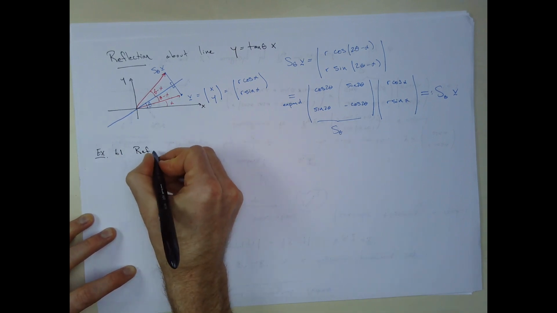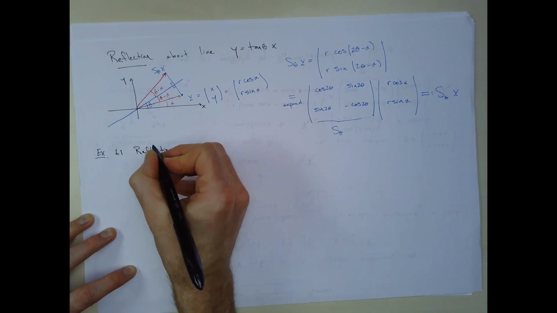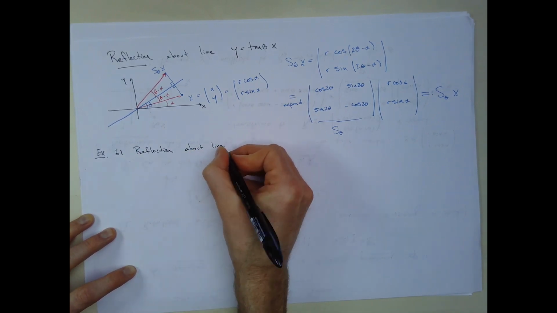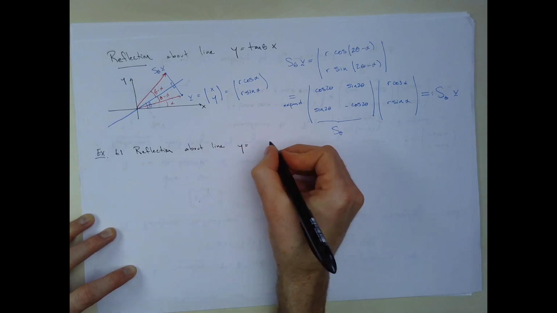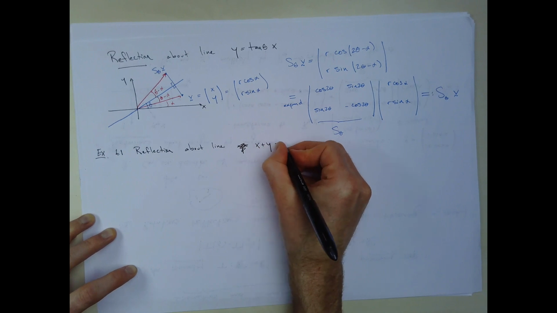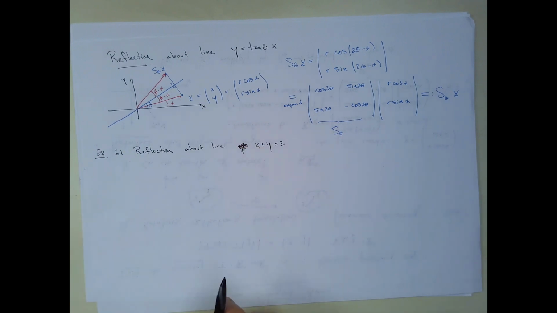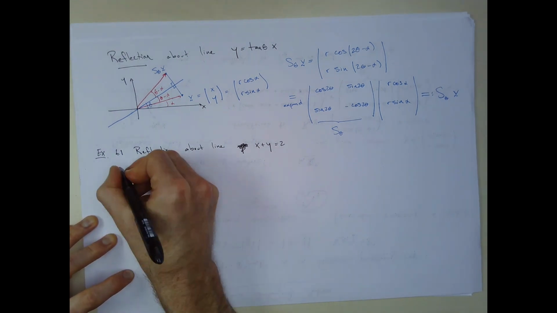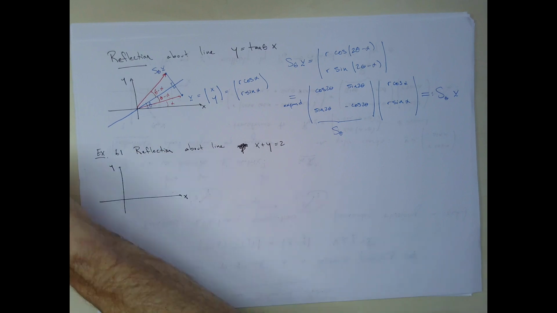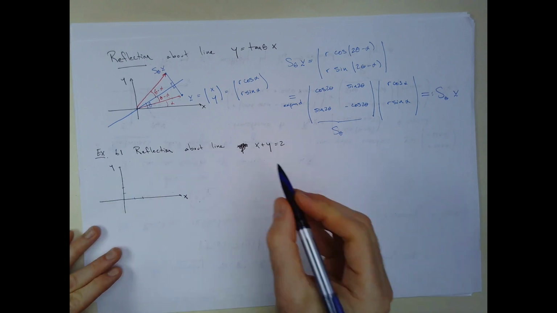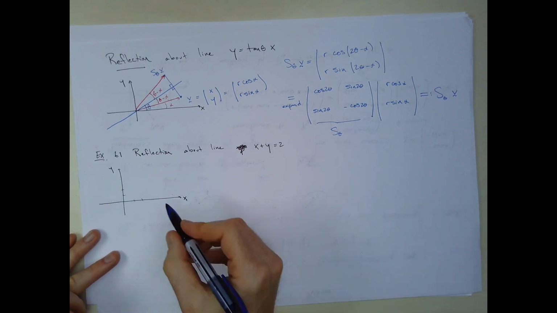Let's consider reflection about the line x plus y equals 2. Okay, so let's draw a picture. x, y, 1, 2, 1, 2. Here's my line, y equals 2 minus x.